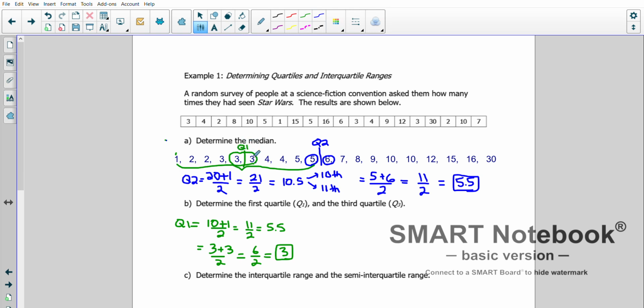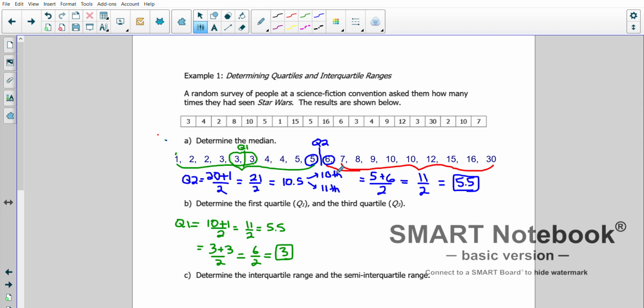So this is going to be the median of the second half of the data. Again, there's going to be 10 data points, so it's going to be the 5th and the 6th of the second half of the data. If you're doing this with a larger data set, you would add the 10 data points in front of it.